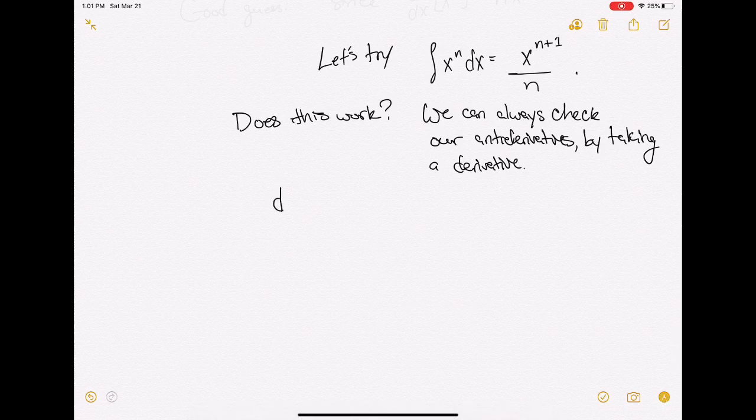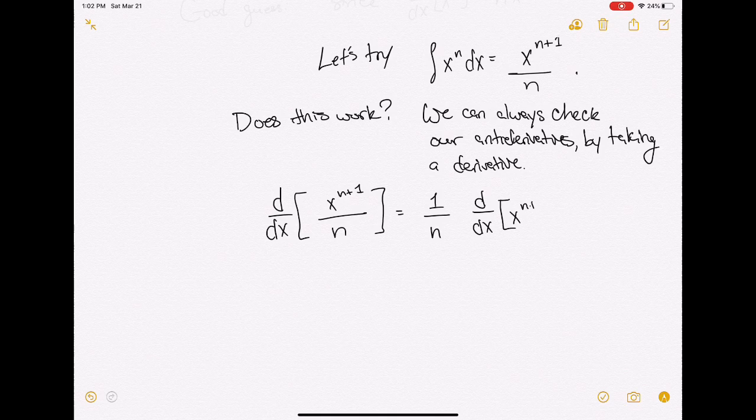So let's try that. d dx of x to the n plus 1 divided by n. And that n is really behaving like a constant multiplier. So I'm going to call this 1 divided by n times d dx of x to the n plus 1. And let's see what we get.